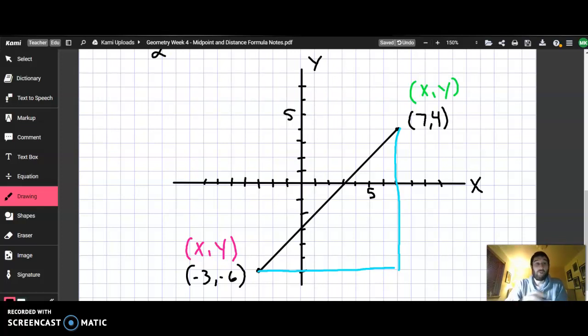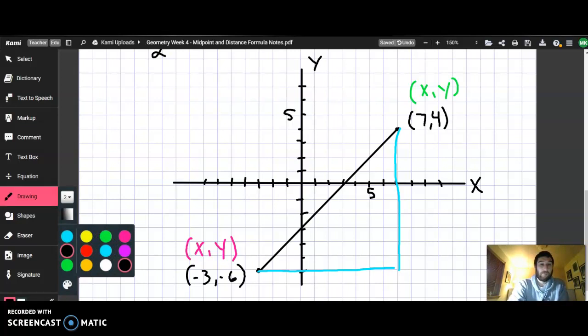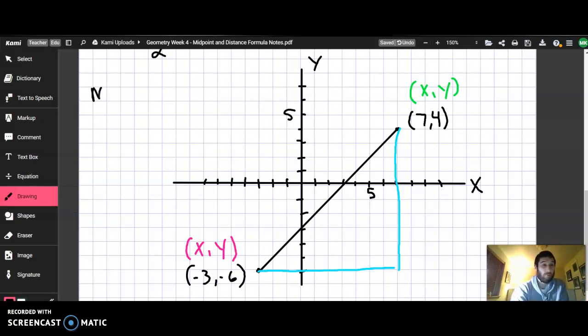If I write this out as an equation, essentially for our midpoint, first recognize that it's a point, which means there are parentheses with a comma in the middle.